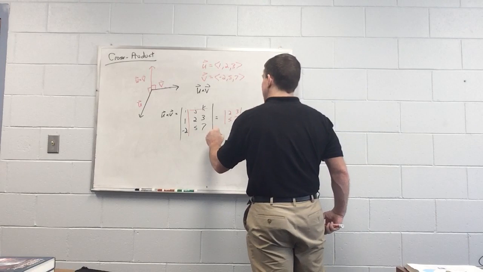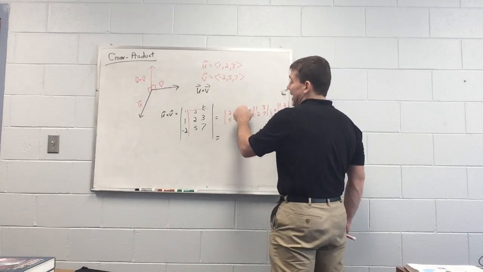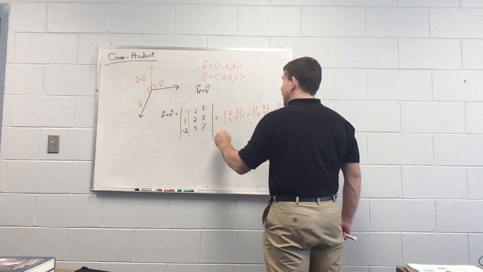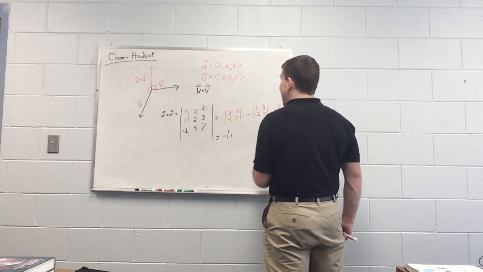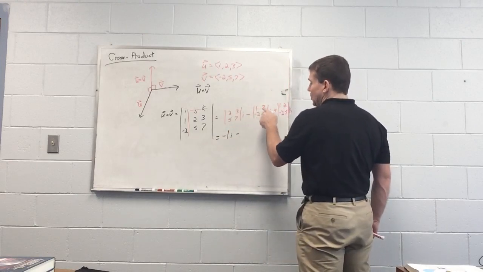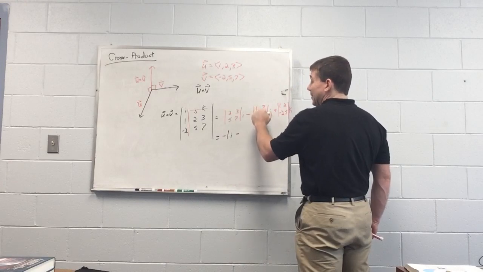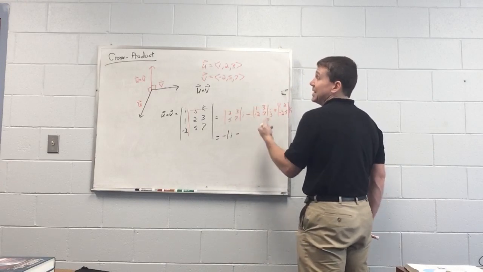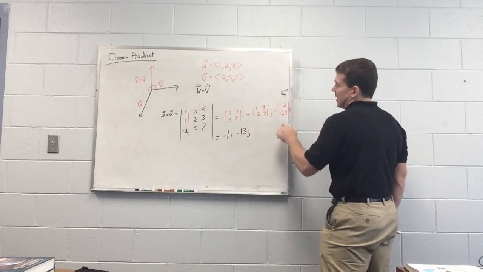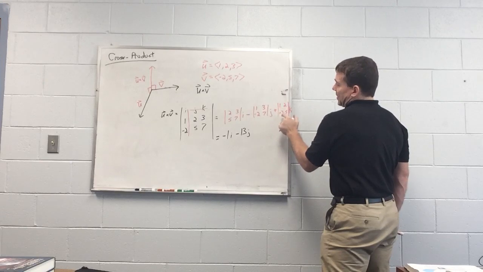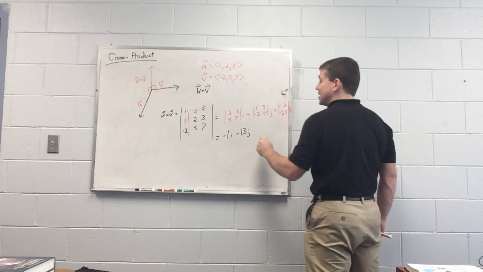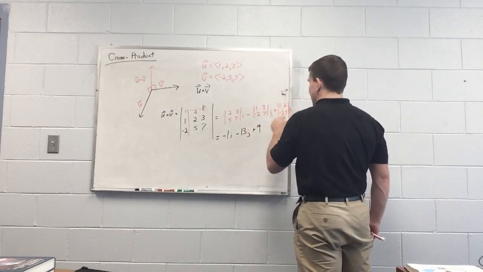Now find the determinants. In this case, you all know the determinant is ad minus bc. 7 times 2 is 14, minus 5 times 3 is 15. So that's -1 i, minus 7 times 1 is 7, -2 times 3 is -6. 7 minus -6 is 7 plus 6, which is 13 j. 5 times 1 is 5, -2 times 2 is -4. 5 minus -4 is 5 plus 4, which is 9 k.